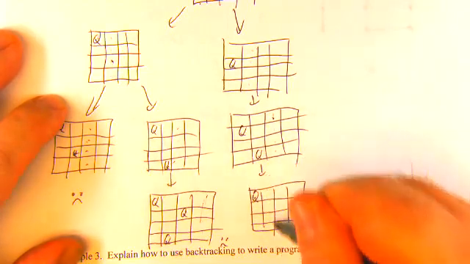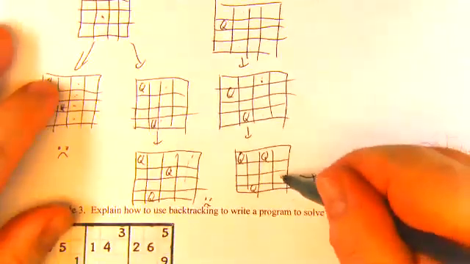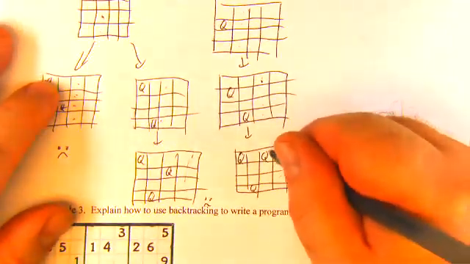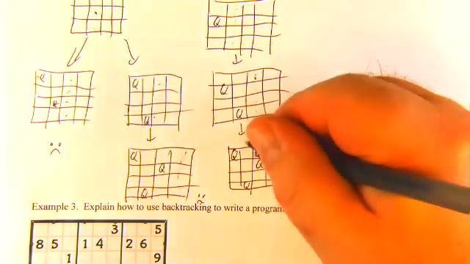So I can put a queen here, and a queen here. Can I put a queen in the fourth column? I should be able to. Nope, that was right. Sorry.